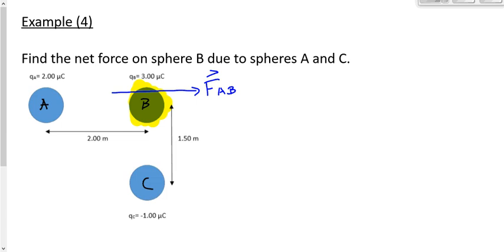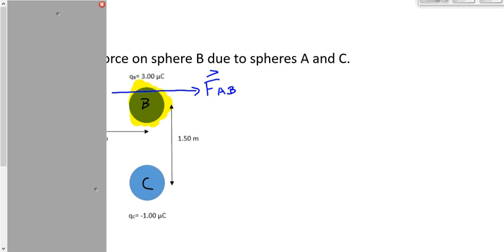Now, we're going to pretend that A doesn't exist. Now it's just C and B. B is positive. C is negative. Do they attract or repel? They attract because it's opposite charges attracting. All right.